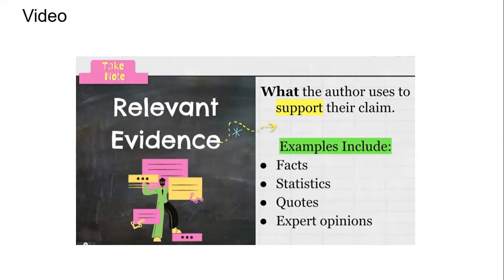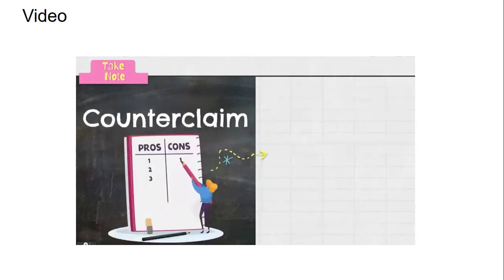So if we go back to the sweatshirt thing, you can find a quote from a financial advisor who says kids need to learn how to manage their own money. And that would be an expert quote to back up your claim. And it would be relevant evidence because it's coming from a financial expert.